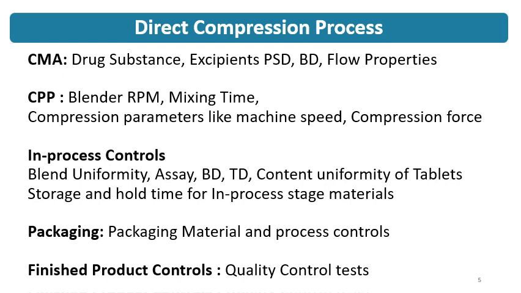CMAs like drug substance PSD, that is particle size distribution, bulk density, tap density and flow properties are important. Similarly, as the direct compression process does not increase or decrease the particle size of the raw materials, that's why the controls onto the excipients' particle size, bulk density and flow properties are required.